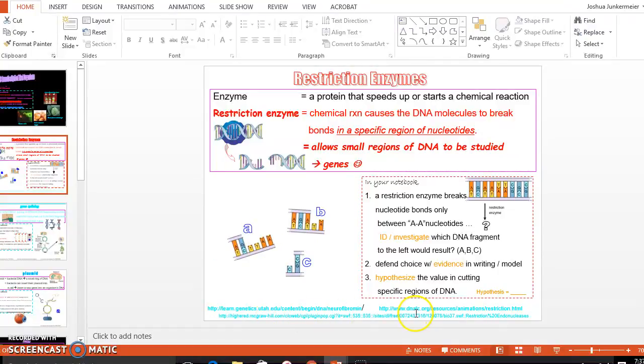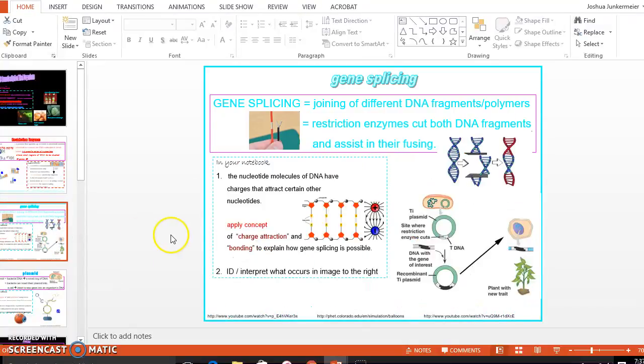These links right here, these 3 active URLs, you should go check out, and it would help remind you about the possible benefits of cutting certain sections of DNA out, or maybe taking sections and combining them with another organism's DNA, etc. Alright. Gene splicing is, as the definition says, the joining of different DNA fragments. And it says restriction enzymes cut both DNA fragments and assist in their fusing.